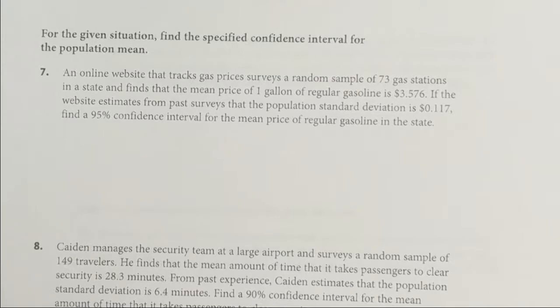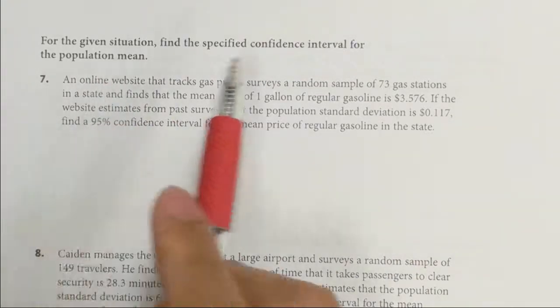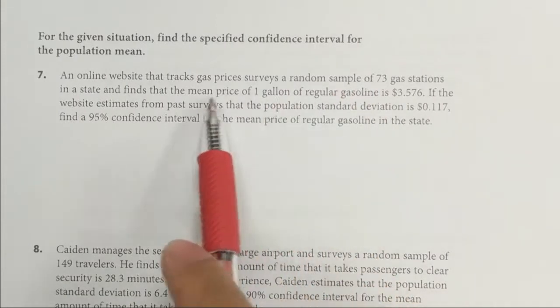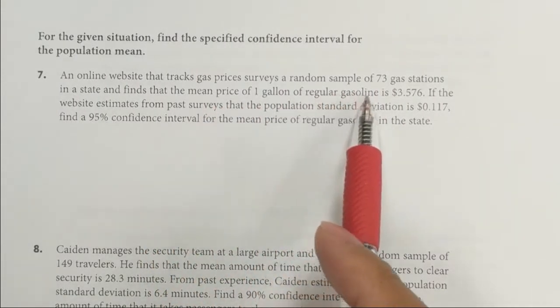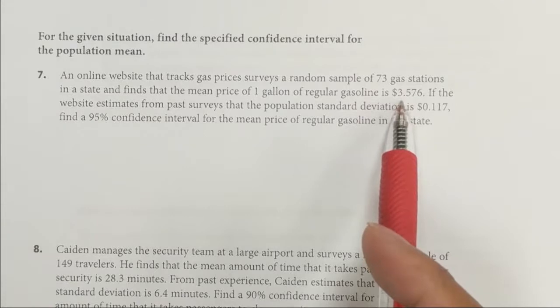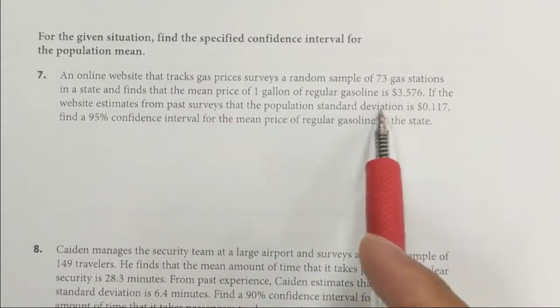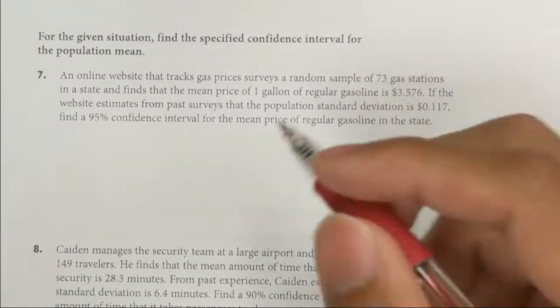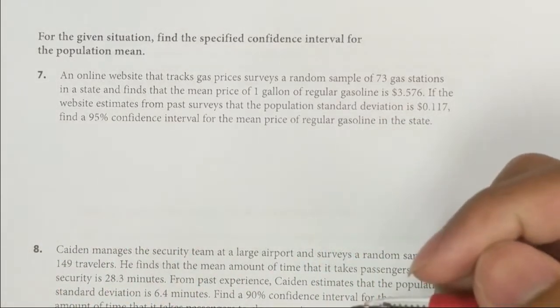Okay, so this tells us it's going to be population mean, but even if they didn't, we see that the data is numerical. What is the price of 1 gallon of gasoline? So the data is going to be a number. We are asked for a 95% confidence interval, the number we're used to.